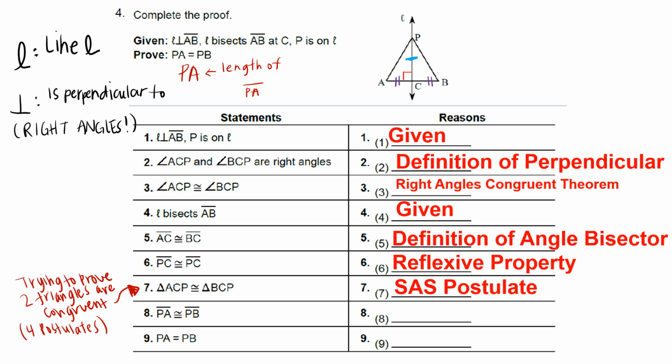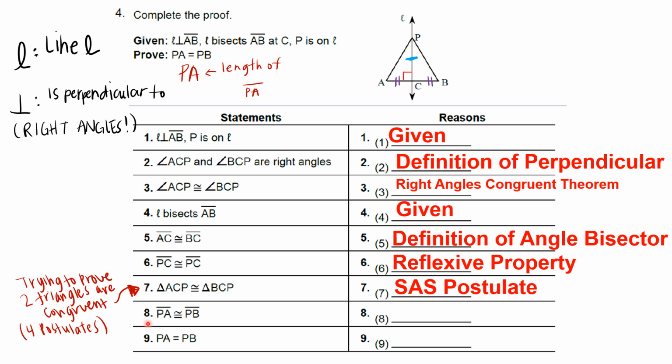Now, remember what I said on the last slide. When you are doing proofs in this section, a lot of the time the majority of the proof will be spent proving that two triangles are congruent, and then immediately after that you're going to be able to use CPCTC. So you're going to get a lot of information after you prove that two triangles are congruent. You're going to be able to prove that corresponding parts of congruent triangles are congruent.